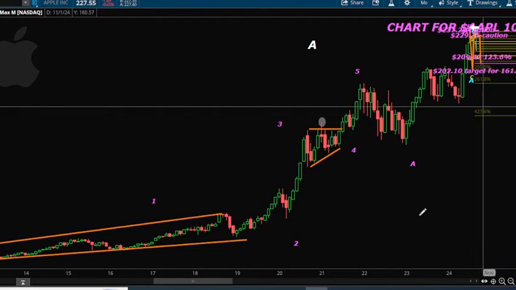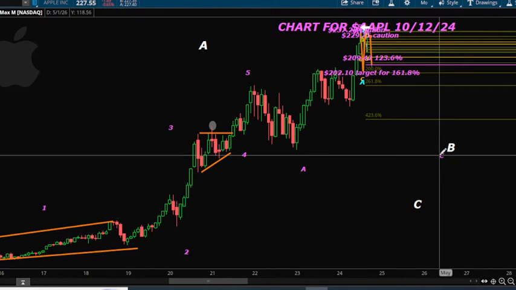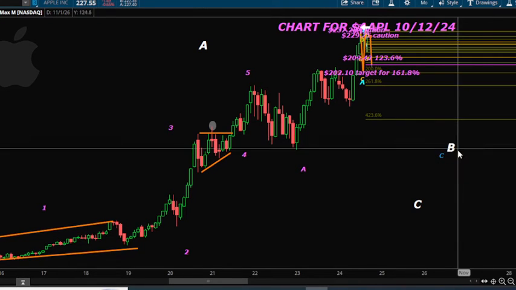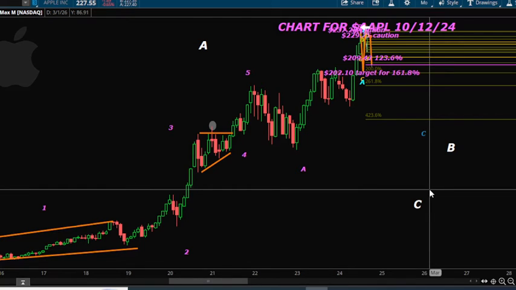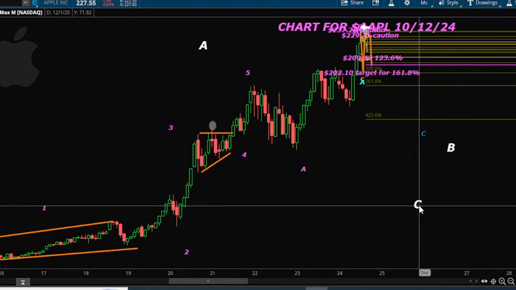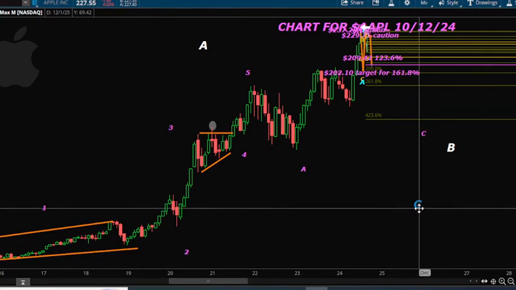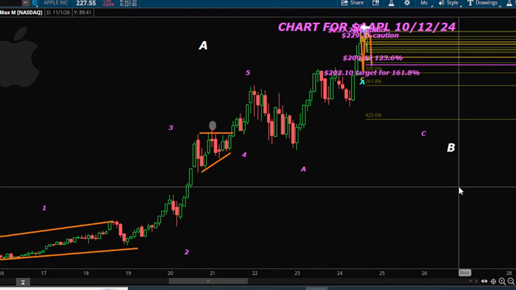Let me move this over so you can see. And then we'll be looking for a smaller degree C sometime in the near future.